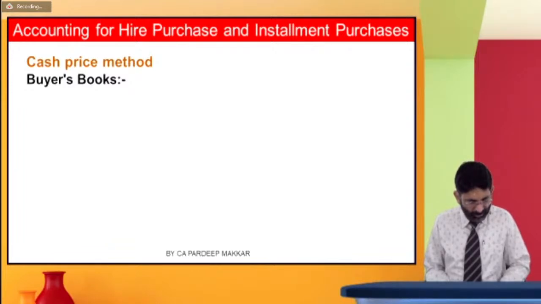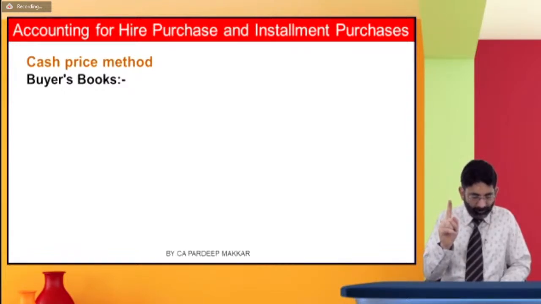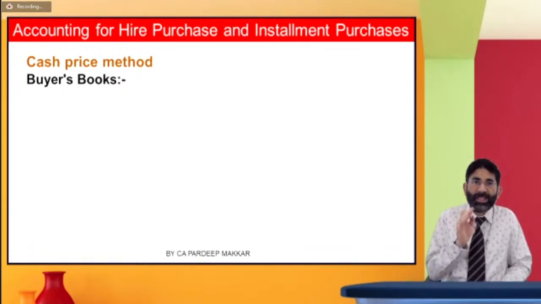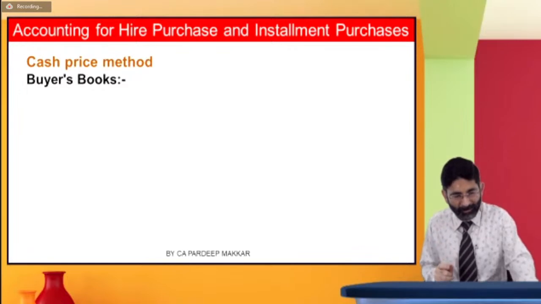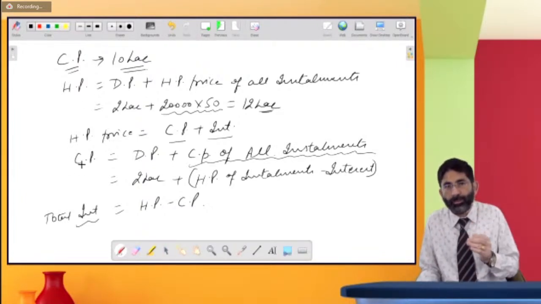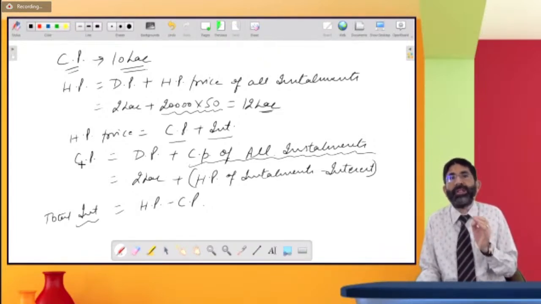In hire purchase, consideration for vendor is interest. No beta. Aditi, in hire purchase, consideration for vendor is not only the interest. He is also earning profit, because cash price doesn't mean cost price. I have mentioned that he is selling the goods for rupees 10 lakh if payment is made in one go. That means he also has a profit included in that cash price.